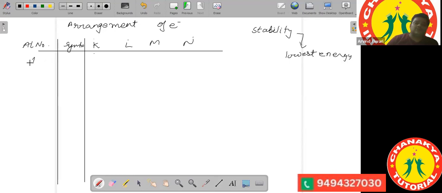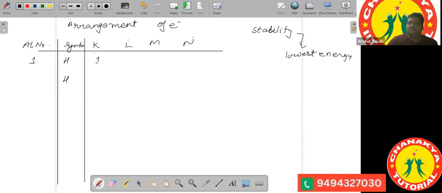Atomic number 1 is hydrogen. The number of electrons will be equal to the atomic number, which is the number of protons. Right? Number of protons and number of electrons are equal. Hence there is just one electron which will occupy the K shell.